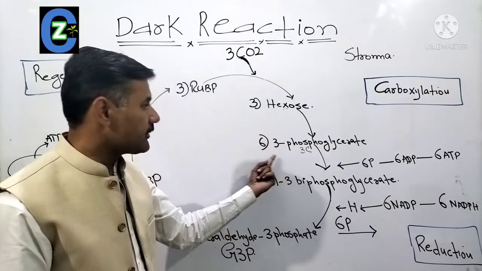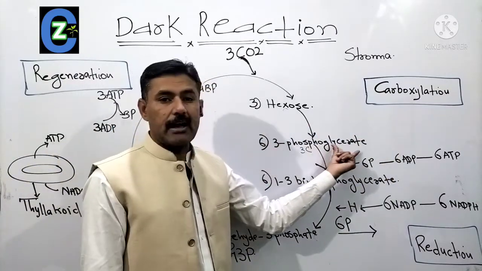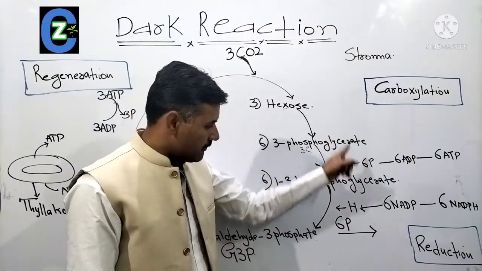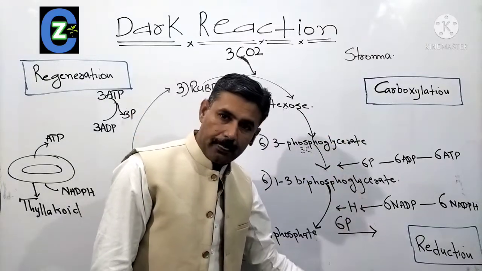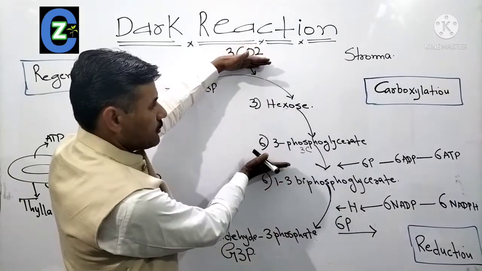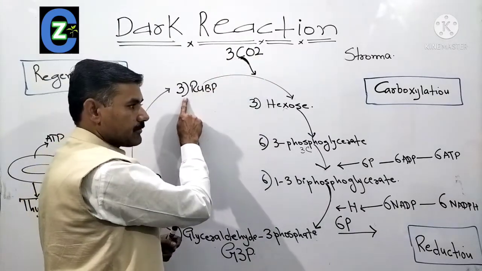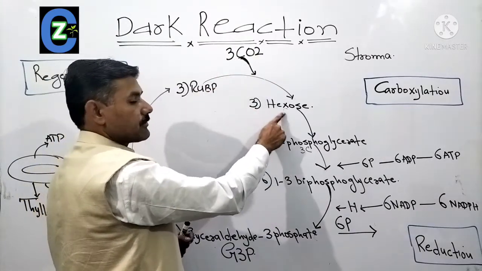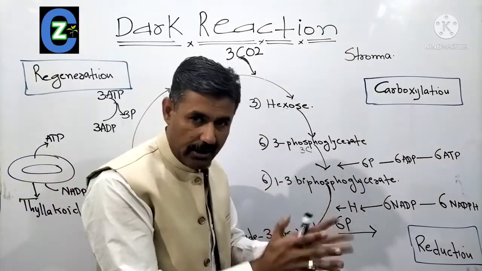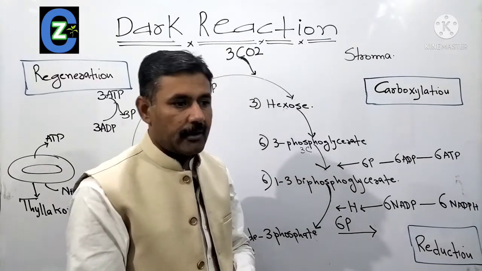So the 6 molecules of 3-phosphoglycerate synthesized during the carboxylation phase will undergo the process of reduction. This first process is very important to understand: 3 molecules of carbon dioxide fixed with 3 molecules of RuBP synthesize 3 molecules of hexose that immediately break into 6 molecules of triose, and these are termed 3-phosphoglycerate.